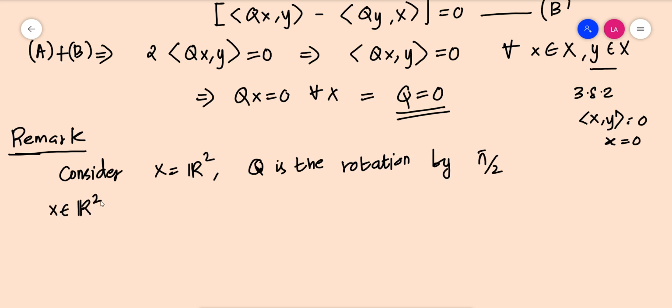So if we consider an element x of R squared, Qx is orthogonal to x because Qx is rotated by a degree of pi by 2. If you consider this as x, then in order to obtain Qx, we have to rotate this by a degree of pi by 2.